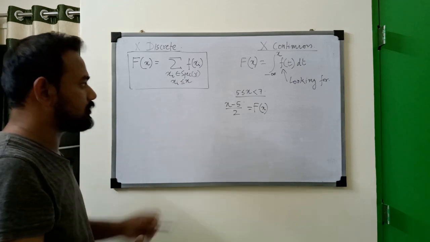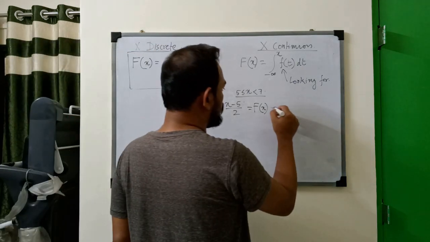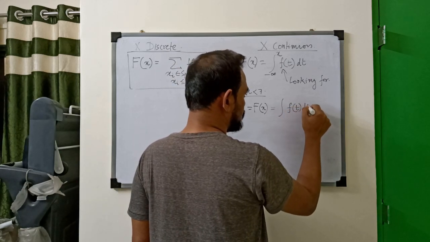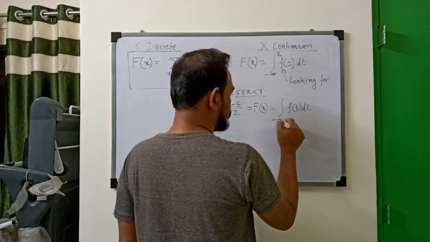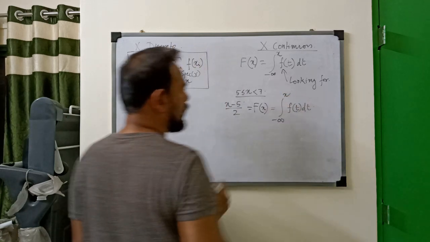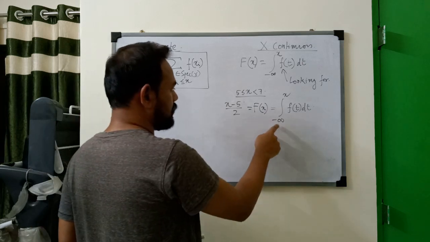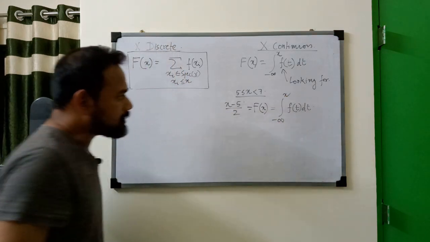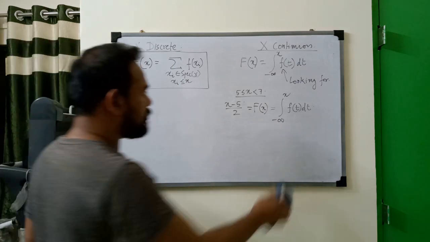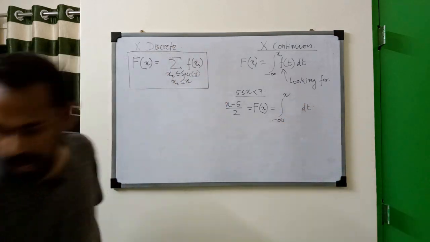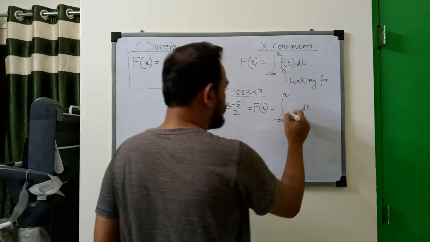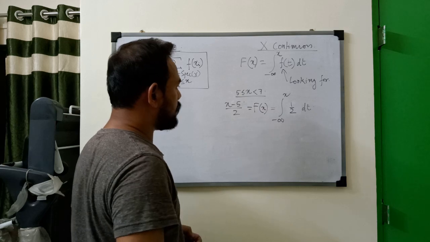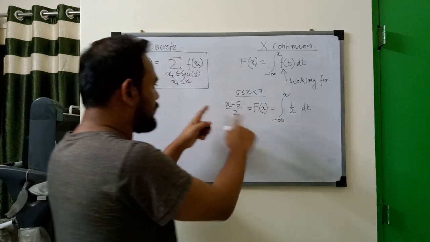So I'm looking for a function ft such that if I integrate up to x from minus infinity, I should get x minus 5 by 2. It turns out it's very easy. If I just put half, I would get it.